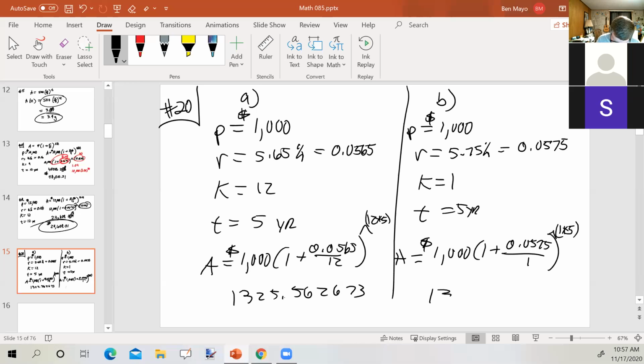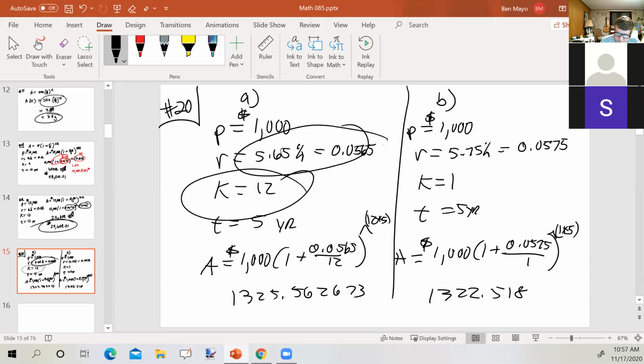And I get 1322.518, etc. So even though the first one had a lower interest rate, because it was compounded 12 times a year, it was slightly better than a higher interest rate compounded only once a year.